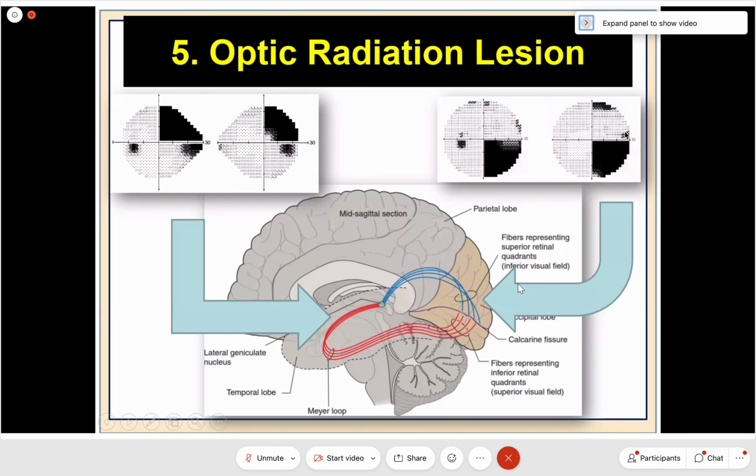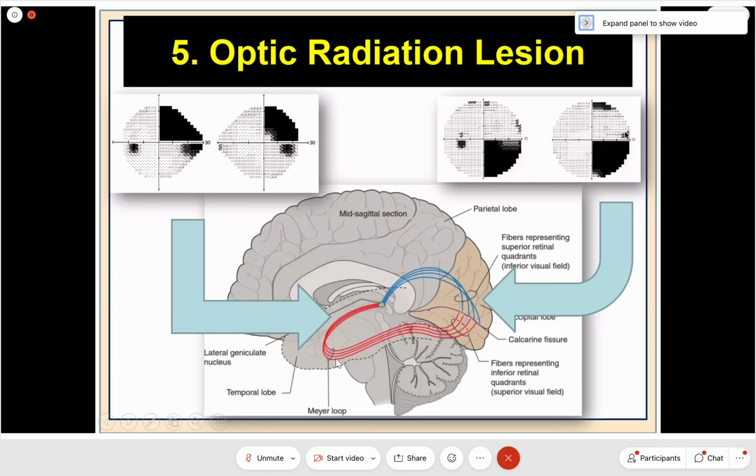Okay, next we go to the optic radiation. After the LGB, our visual pathway spreads into a fan shape. The inferior fibers form a loop, which we call the Meyer loop. It goes through the temporal lobe, whereas the superior fibers go through the parietal lobe to the superior calcarine fissure.